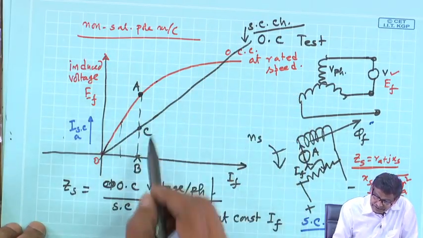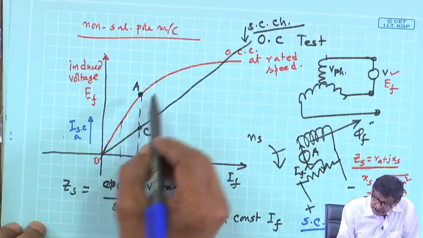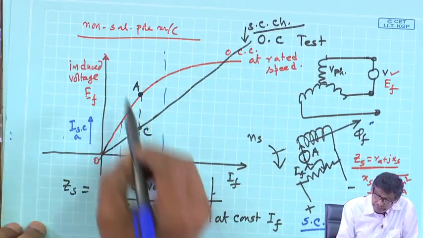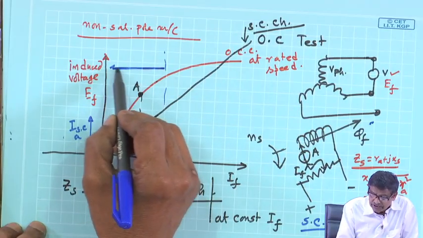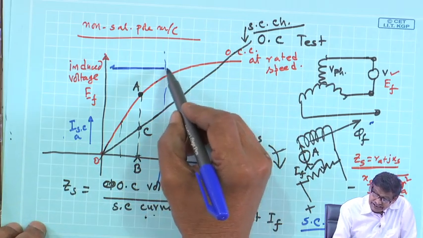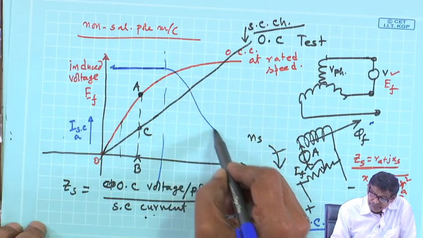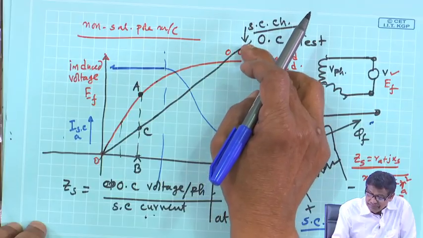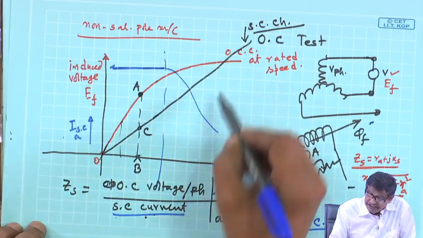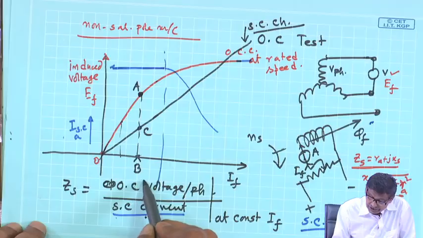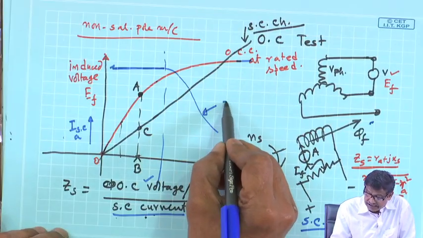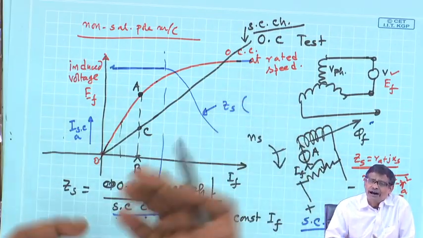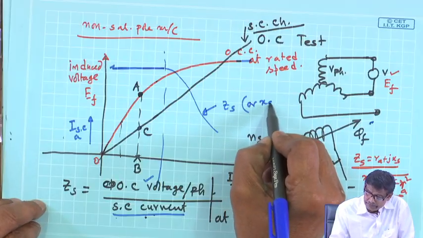The value of ZS will be somewhat constant initially, up to the linear zone, but later it will fall down, because the denominator is increasing linearly, and the numerator is getting clamped at some value. Are you getting it? So, this is the nature of ZS. ZS means, RA being small, XS.